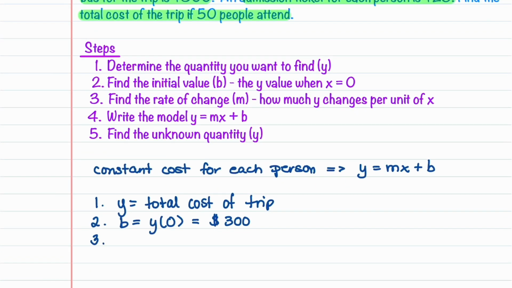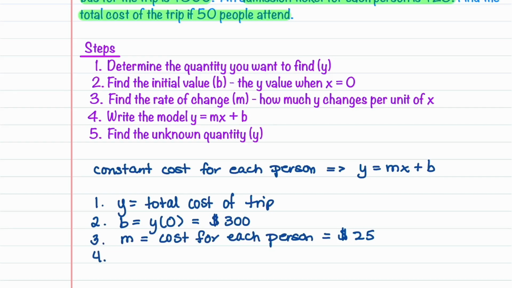For our third step, we have to find the rate of change. So we've actually already talked about that. So our rate of change is our m, and it is going to be our cost for each person. Let's write that down. Cost for each person. And that's going to be $25.